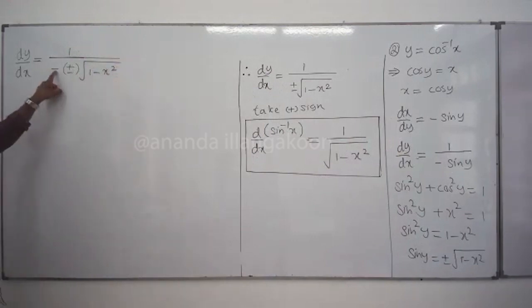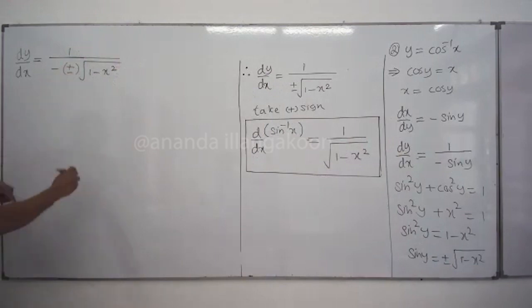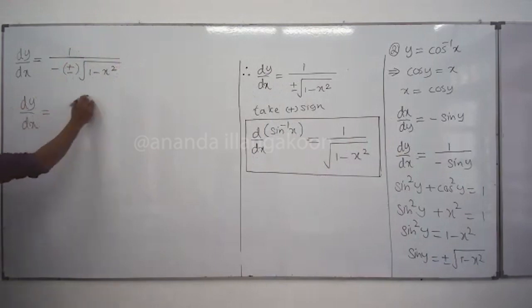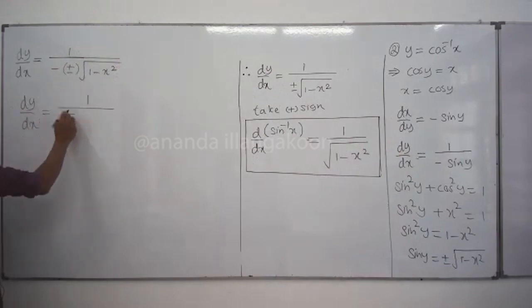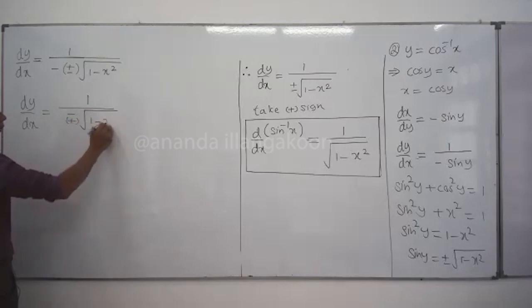When you multiply, minus and plus make minus, minus and minus make plus, this way, 1 minus x squared.